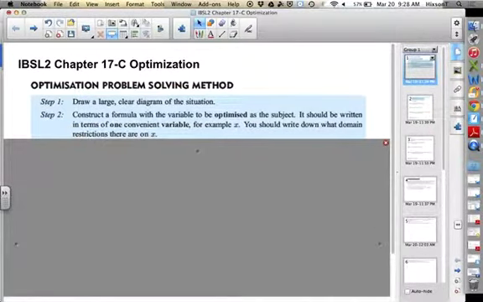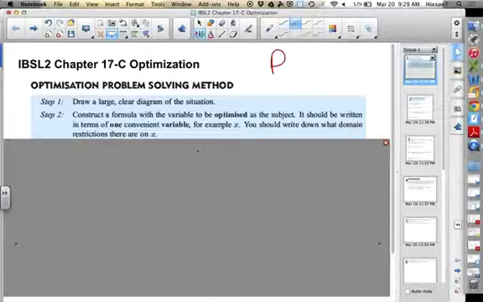Secondly, construct a formula with the variable to be optimized as the subject. Now, what does that mean? Basically, when it says we want to maximize the profit, profit needs to be the subject of your equation.